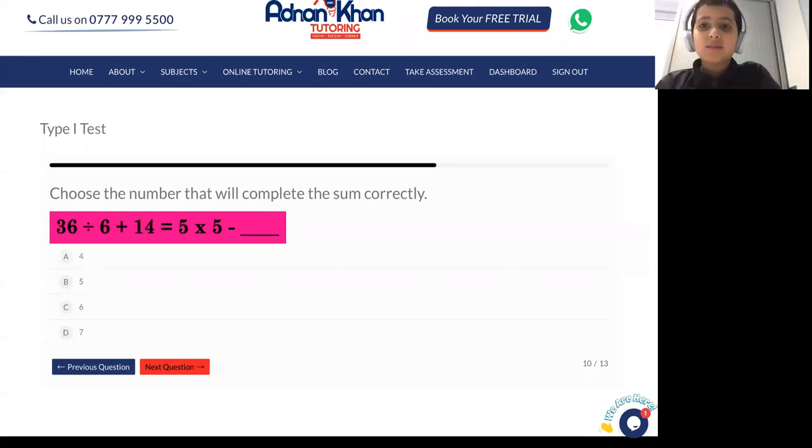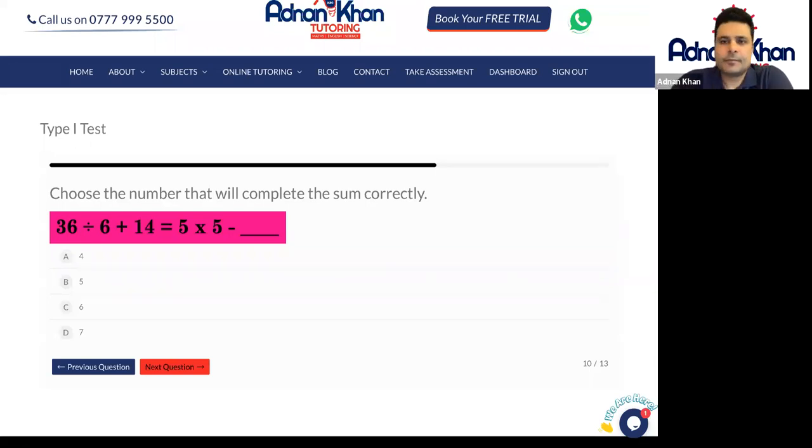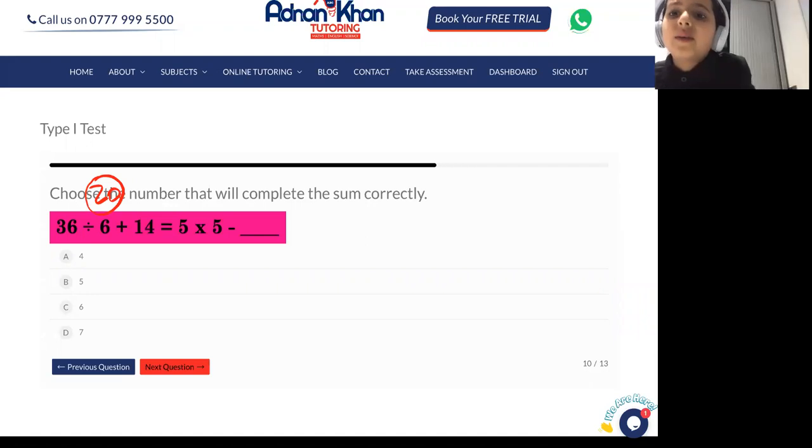And then 6 plus 14 equals 20. Yep, so 36 divided by 6 is 6, and then you do 6 add 14 is 20, so let's just write that down on the left-hand side. Well done, carry on. And then 5 times 5 equals 25, but then you need to take away 5 to equal 20.